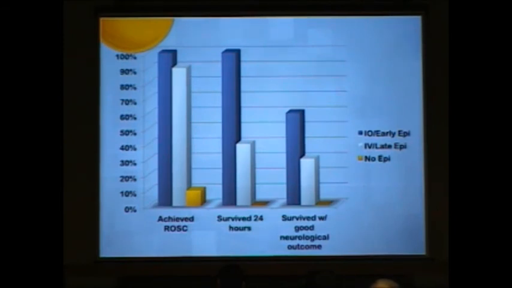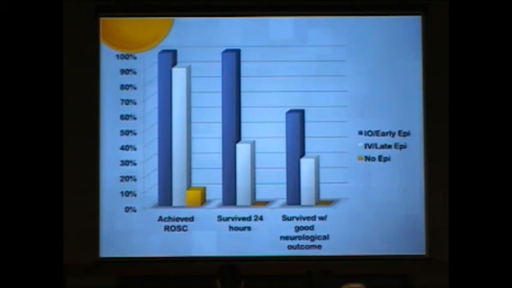Both the animals who received IO and IV epinephrine had high rates of return of spontaneous circulation, but 90% of the early IO group survived 24 hours, compared to 60% of the IV group. None of the placebo group survived 24 hours or survived with good neurologic outcome.